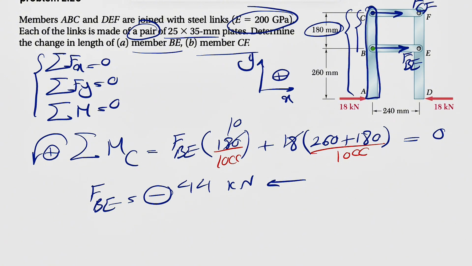So the correct direction that is applying to the joint is in this way, and we have the member B in here, which based on Newton's law has to be in the opposite direction, so the member is in compression. So for the elongation of, or the change in the length of this member, since it's in compression, we would be expecting something negative.